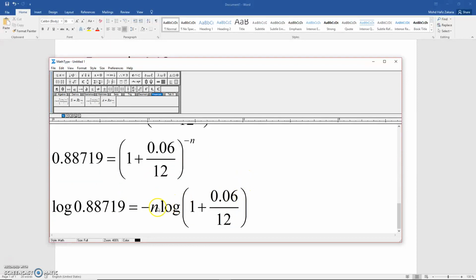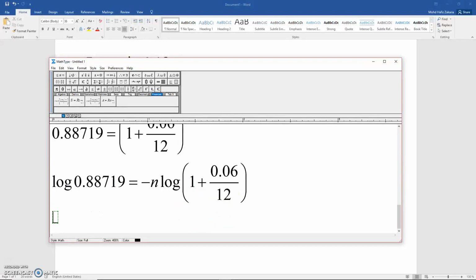And when we have already brought down the n, we can solve everything inside here. So negative n is equal to log 0.88719 divided by this. I just copied it down.